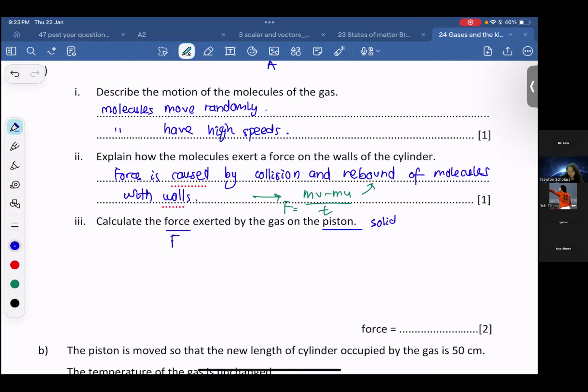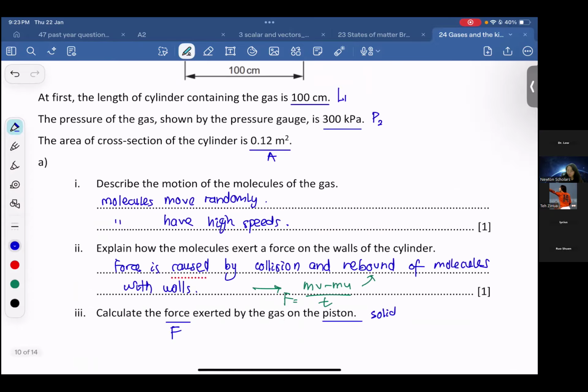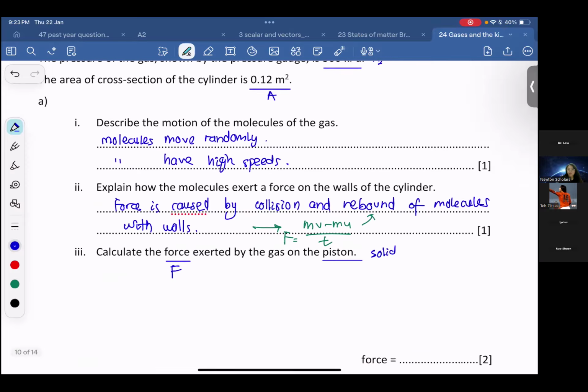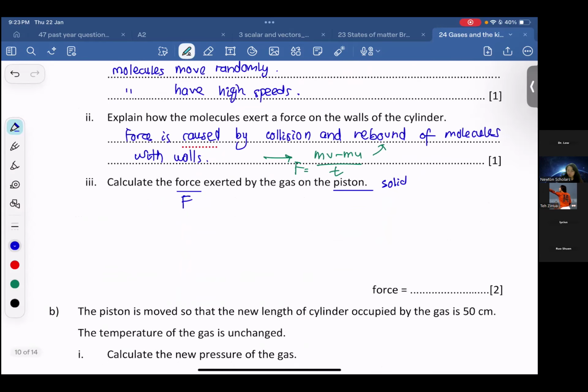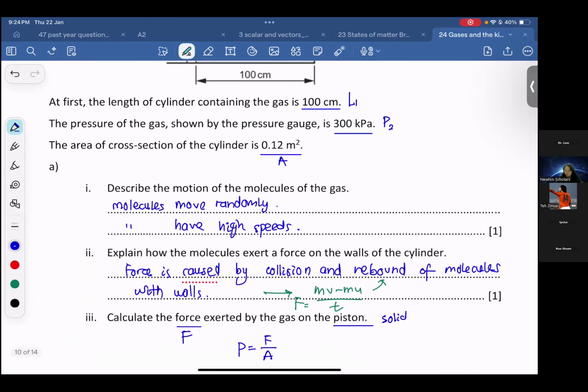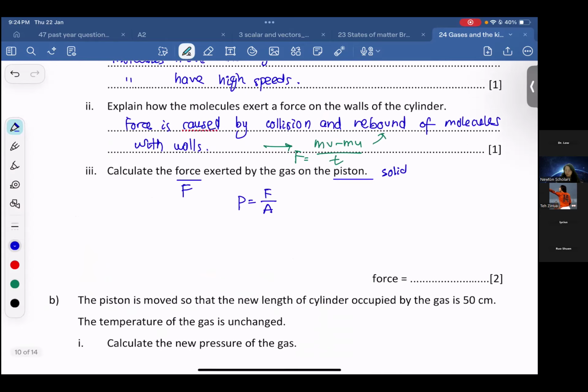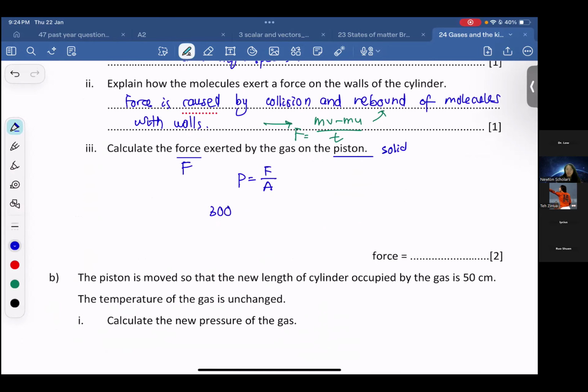The piston is a solid. And here, what information do we have? We have the pressure, length, area, then force. So what is the formula? We can relate them together. Pressure equals force divided by area. This is pressure in solid. The piston is solid. What is the pressure? Here, 300 kilopascal, so we write 300 kilo.